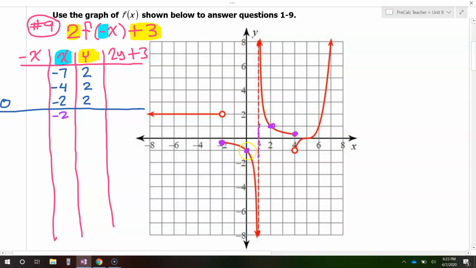But the next point, I've got 0, comma -1, so I'm going to have 0, -1. And then I have this asymptote at +1. So at +1, I have this asymptote. So maybe I'll just put A here for asymptote. Okay, and then at 2, we have 2, comma 1. All right, we have 2, comma 1.